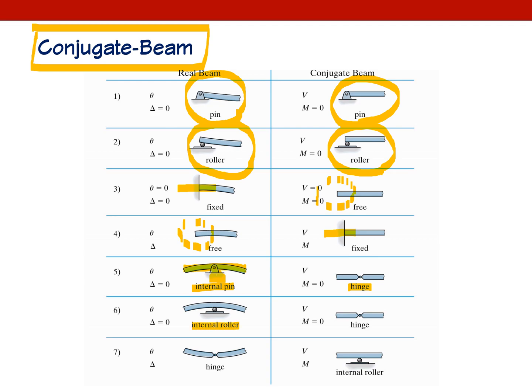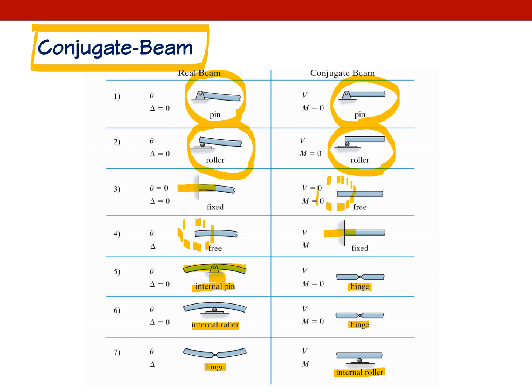An internal roller support is also going to be replaced by a hinge. How about an internal hinge? An internal hinge is replaced by an internal roller support.